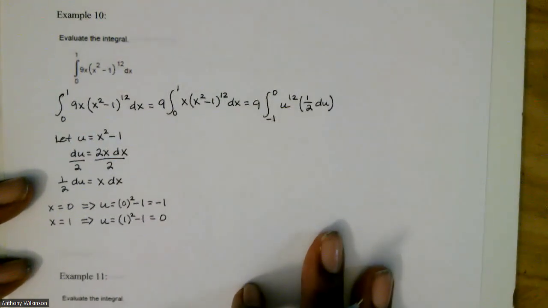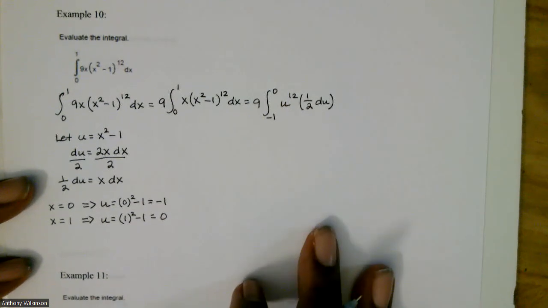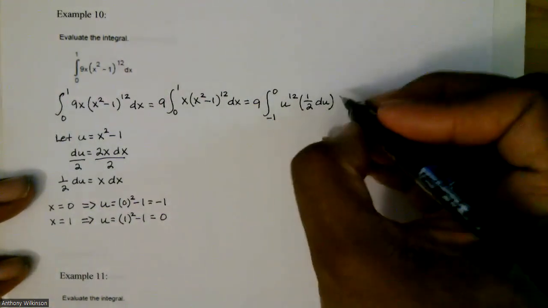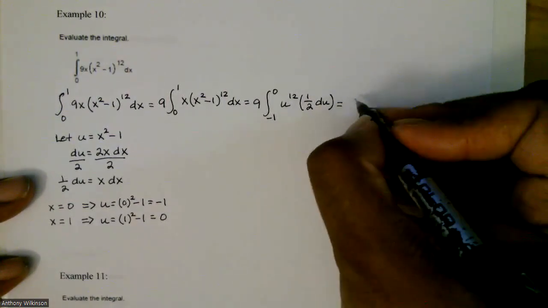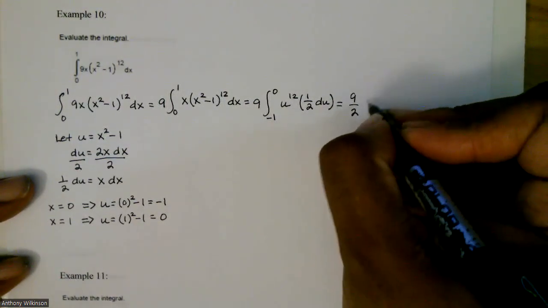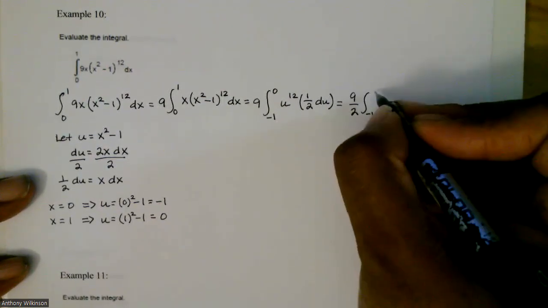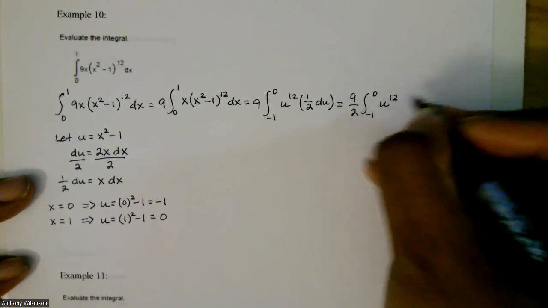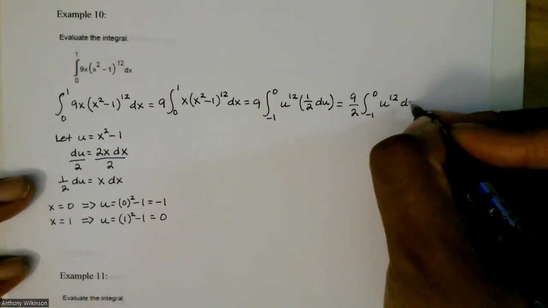Now I can pull the 1/2 out in front of the integral sign. So that'd be 1/2 times 9 over 1, which will be 9/2 times the integral from -1 to 0 of u to the 12th du.